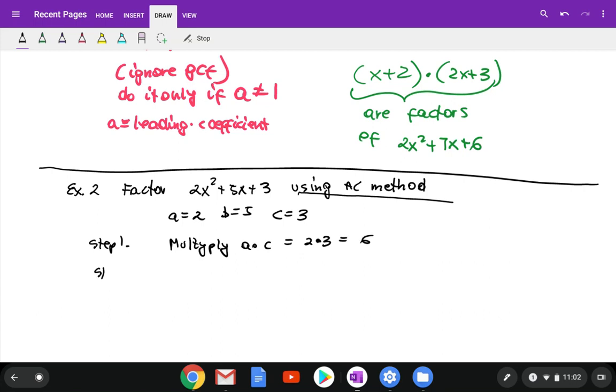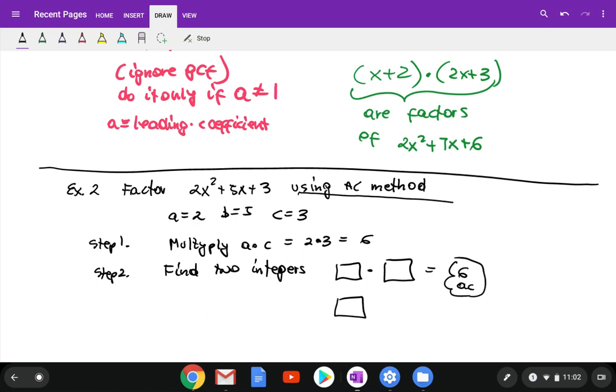Step 2, again, find two integers which by multiplication give you a times c, which is 6, and the same two integers by addition give you b.